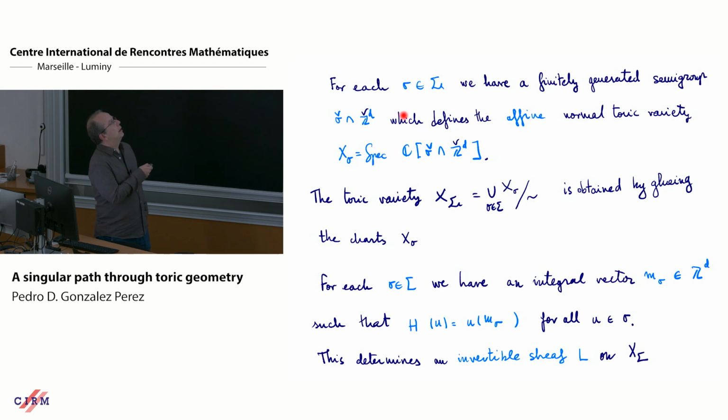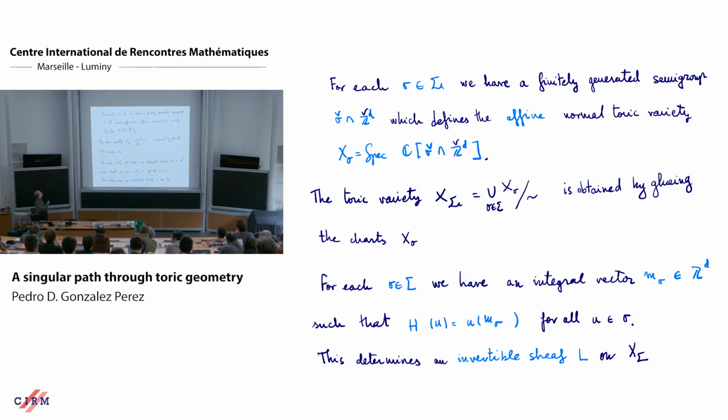For each cone sigma in the fan, we have a finitely generated semigroup of this form, which defines the affine normal toric variety X sigma. This semigroup is finitely generated by a combinatorial argument, Gordan's lemma.